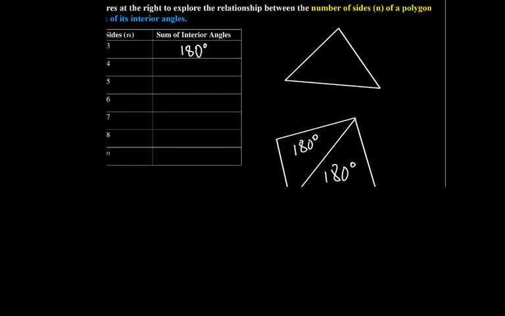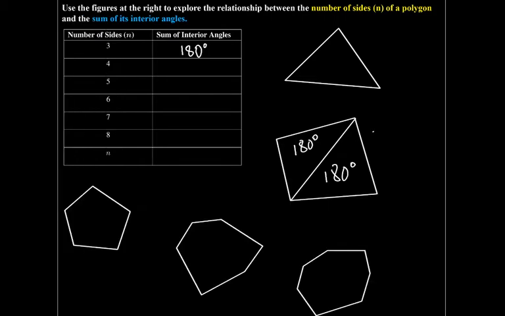So we have 180 plus 180, which is saying we have 2 times 180. I'm going to put that over here. Yes, the answer is 360, but I'm going to put 2 times 180 degrees right here.